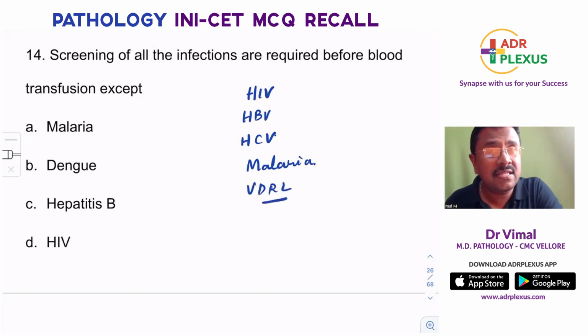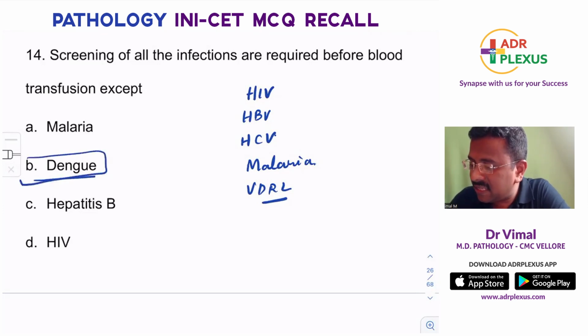These are the 5 things any blood product should be screened for according to the National AIDS Control Organization, the NACO guidelines. We usually do not screen for dengue infection in blood products. So malaria, hepatitis B, and HIV will be screened, and dengue will not be screened. So the correct option here is dengue.